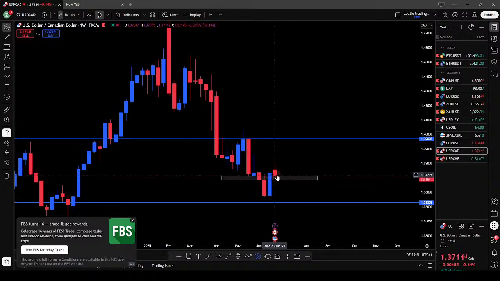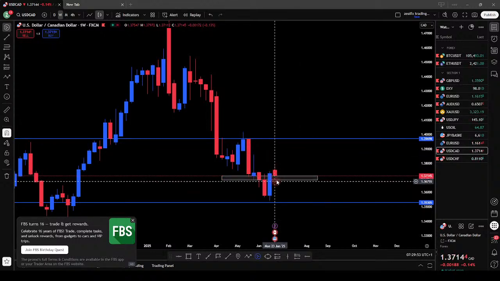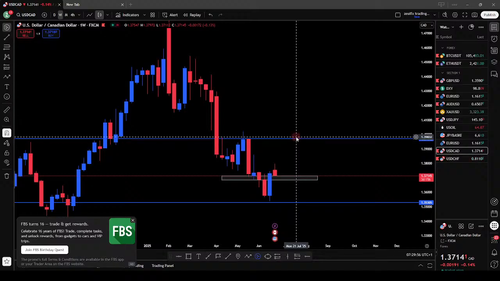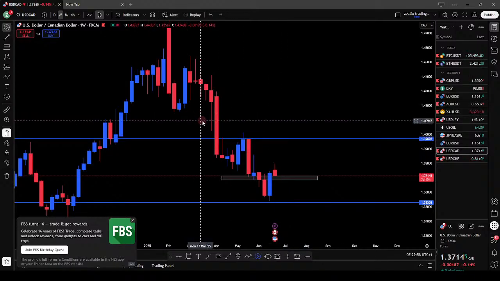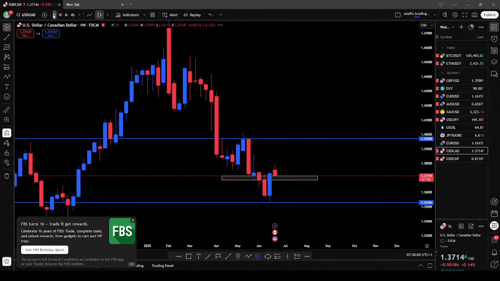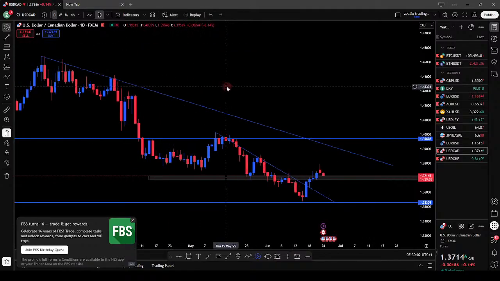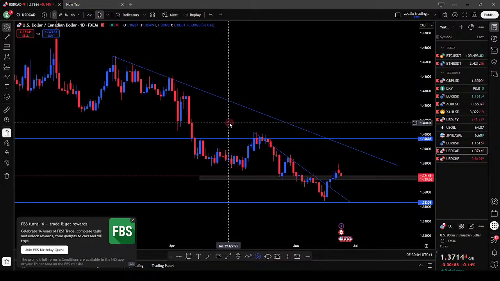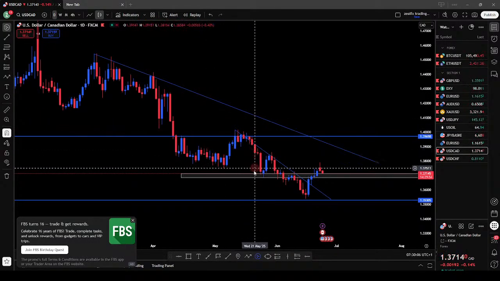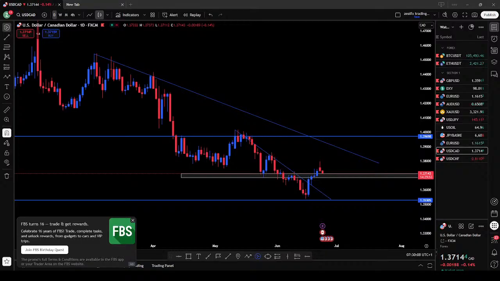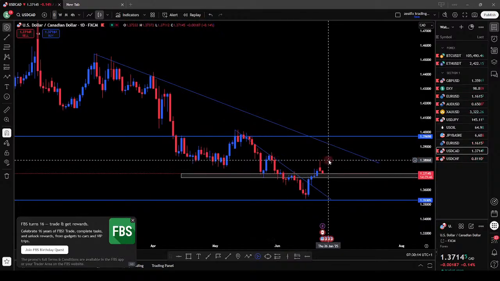So we're expecting price to test this zone. Once price tests this zone, we expect more movement for USD CAD. So let's wait patiently for a good setup on the USD CAD, because what price is currently doing now is just a reversal.